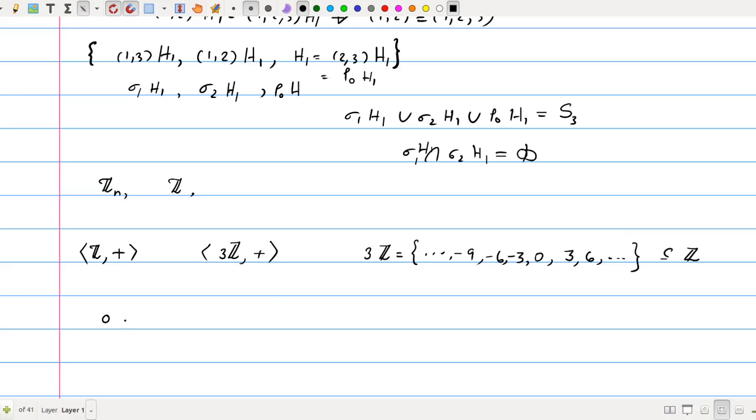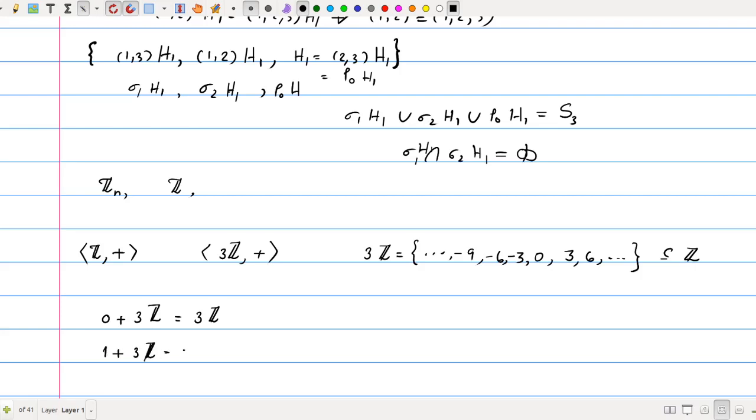And if you operate 0 from the left on every element of this 3Z, then we denote that as 0 plus 3Z instead of 0 3Z, because this is again an integer. To avoid confusion, we won't write 0 3Z, rather we write 0 plus 3Z. So this will give 3Z itself. Similarly, you can take another element from Z and write 1 plus 3Z.